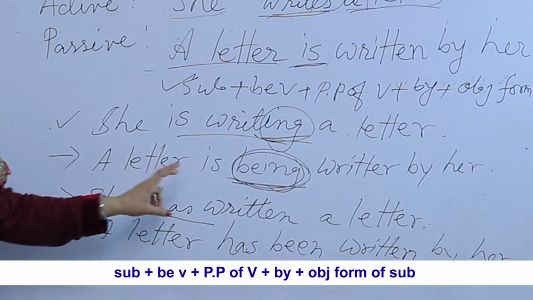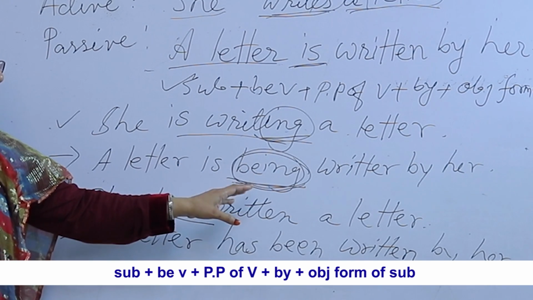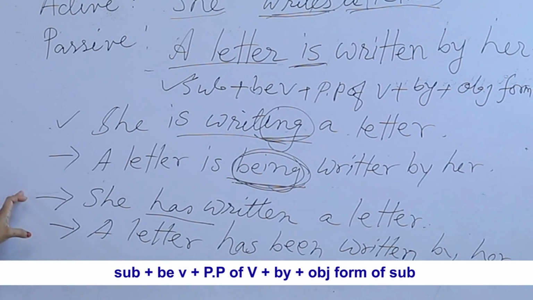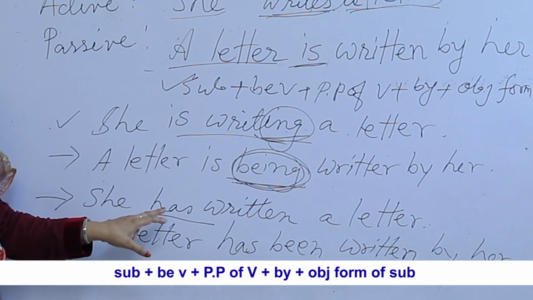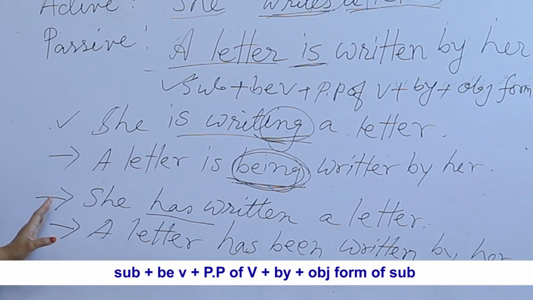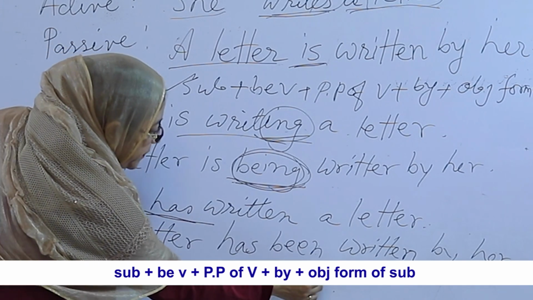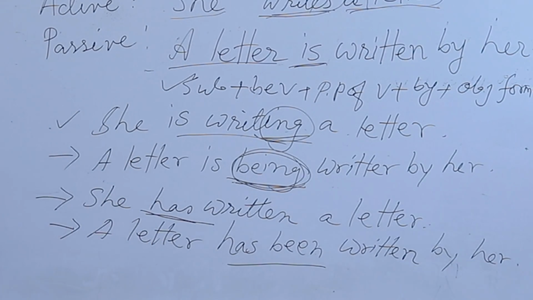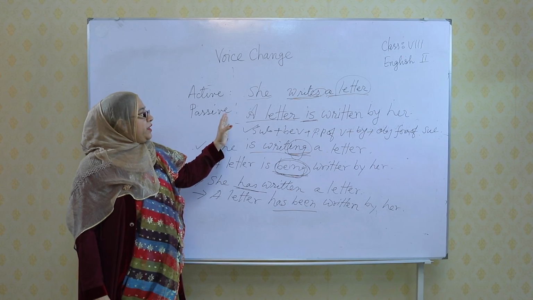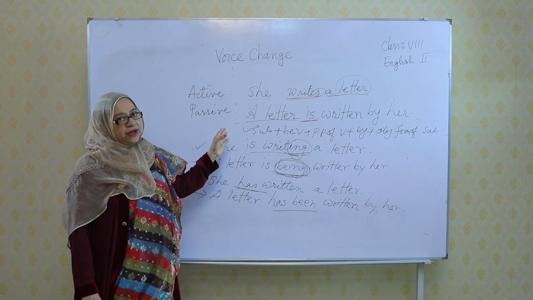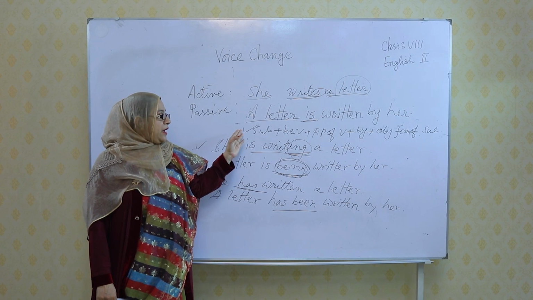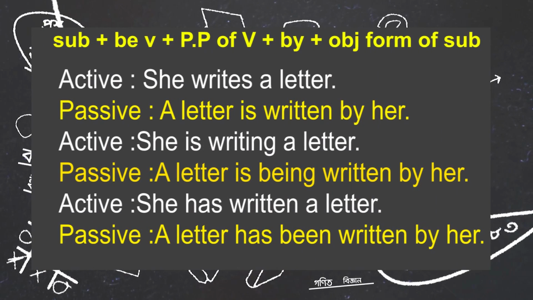A letter is being written by her, and for a perfect form, when I turn it into passive, then I use a letter has been written by her. By this rule you can change the past form of the sentences. So, I will show you the past form of the sentence.